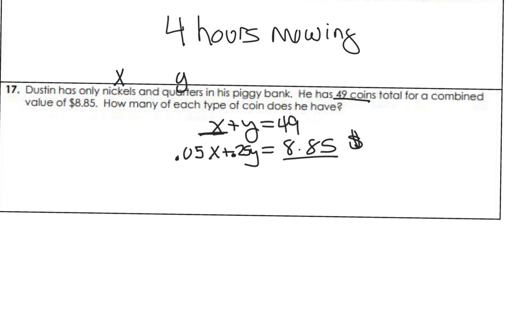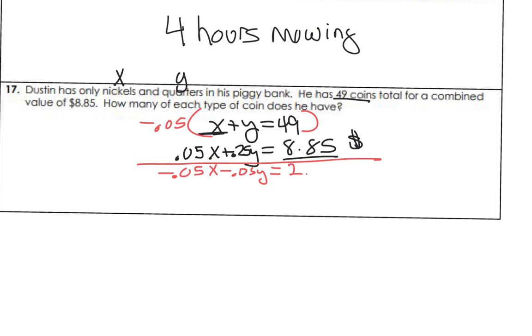Okay? So if I want to eliminate, I can multiply this by negative 1. So I got negative 0.05x minus 0.05y equals, what is 49 times 0.05?